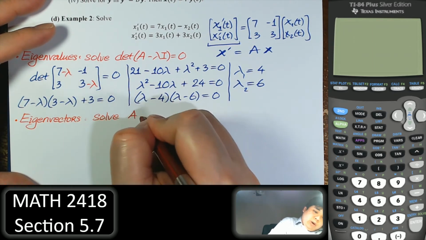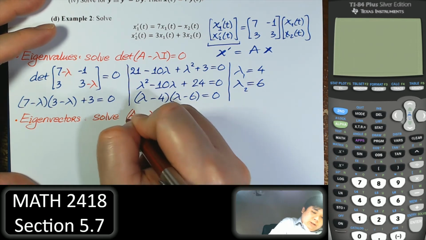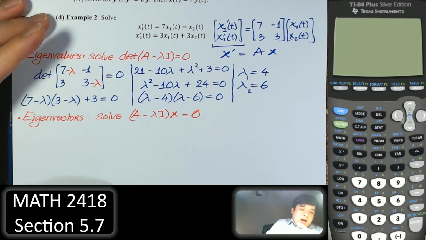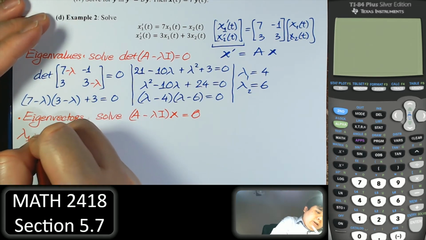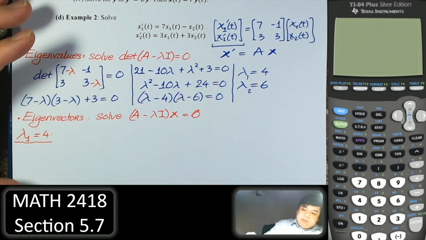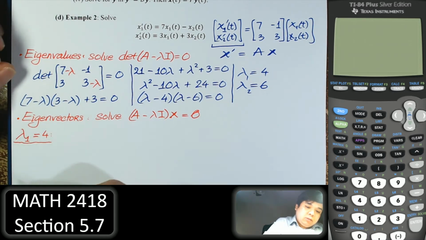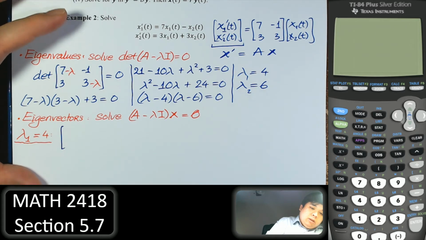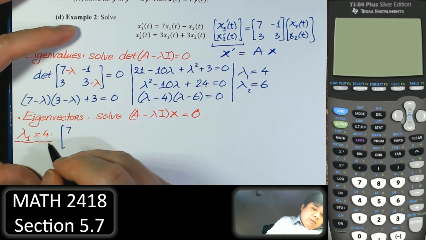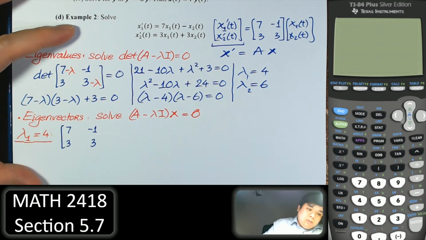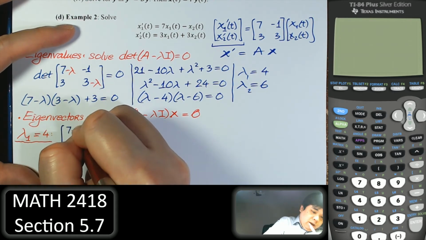Now find the eigenvectors. And we solve this equation. First, for eigenvalue of 4, right, so the matrix minus the eigenvalue.